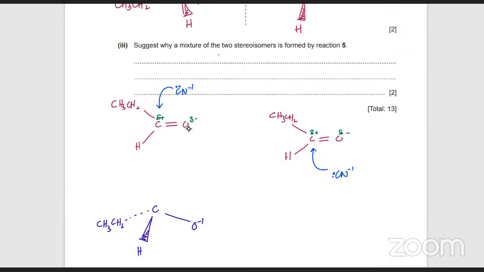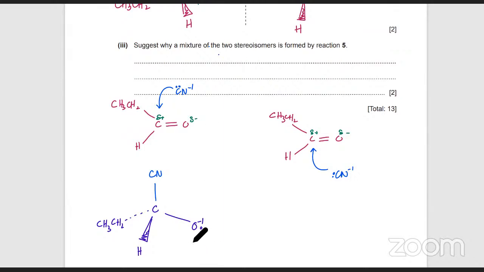Oxygen ka poora electron cloud shift hoga and it's going to become O-1, while the Cn-1 gets attached from the top. So is this clear?